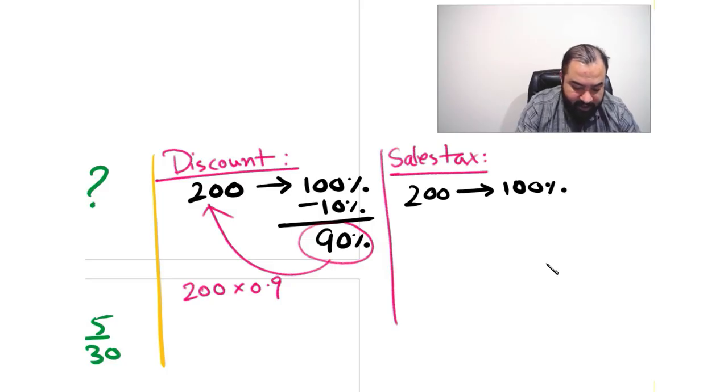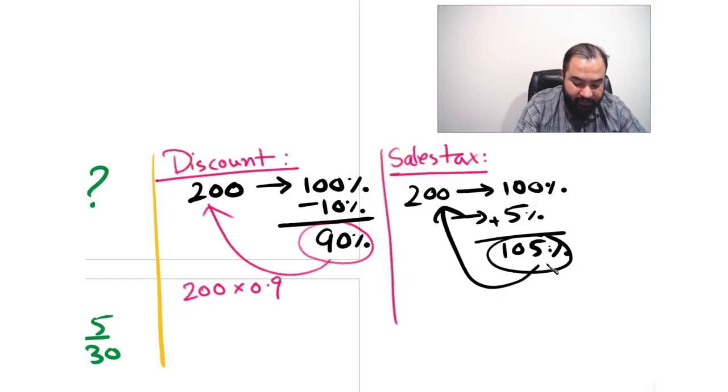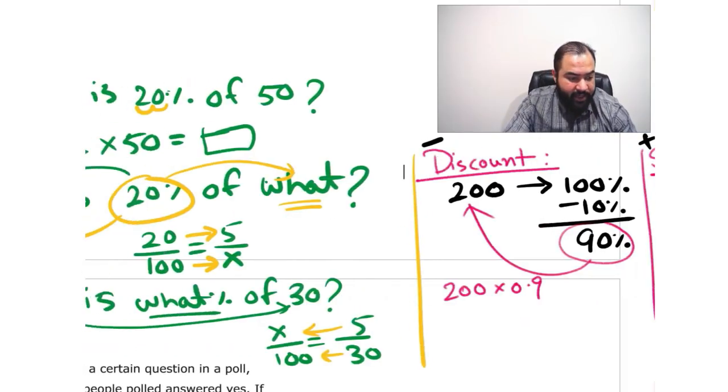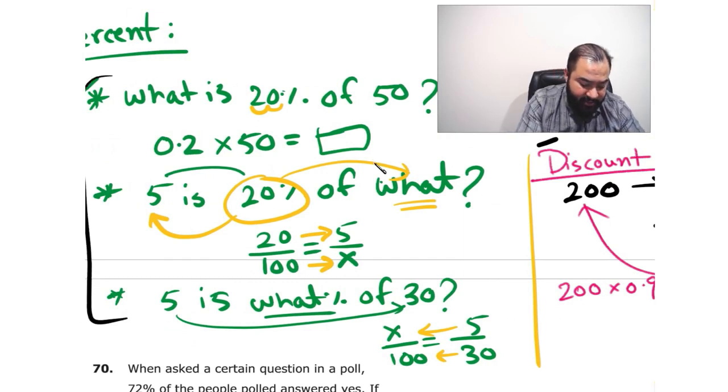And you're paying, let's say, 5% tax. So you have to add the 5% with it. So that's 105%. So if you want to find out how much money you're paying after the tax, you just find 105% of 200. So that's like, when you're adding percent, and this is when you're subtracting percent, right? So you can always deal with it this way. So I gave you the percentage, how to think about it. So these are the 3 main different ways.